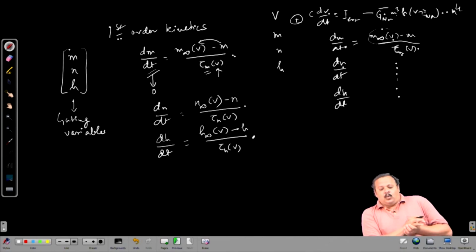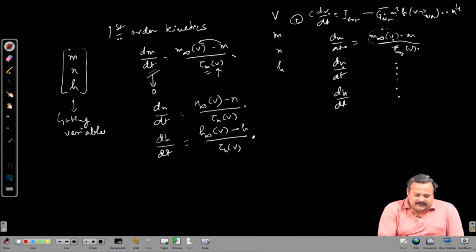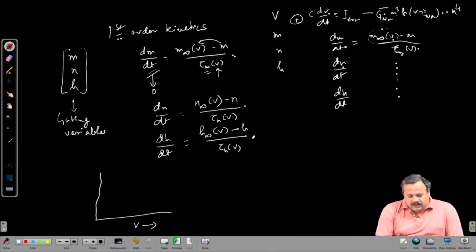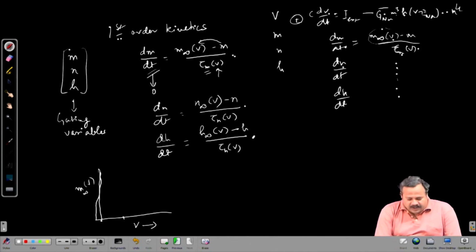And what they found is essentially the description is like this, that if we have a voltage in this way and this is the m infinity as a function of V, then if the resting membrane potential is around minus 60 millivolt, then there is a small value of m infinity V, and then it rises and reaches 1.